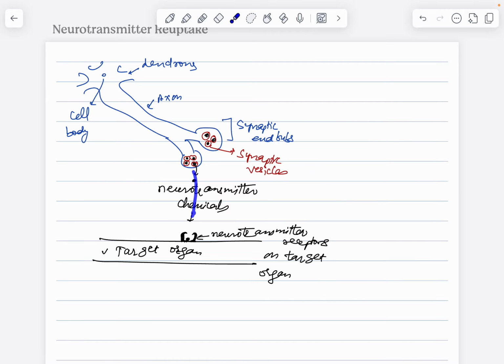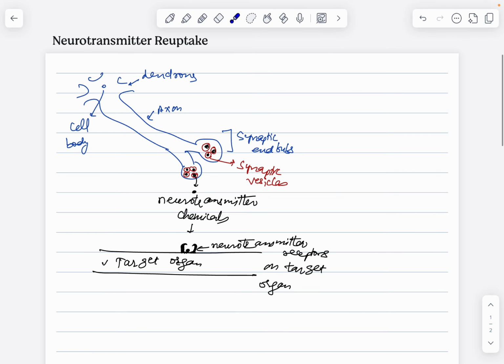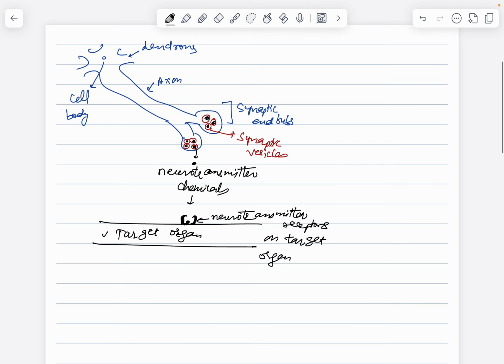So if a neurotransmitter, for example, is triggering contraction of the muscle, which is the target organ in this example we are discussing, the neurotransmitter has to be removed from here to take the muscle into relaxation. Okay, and that is where this concept of reuptake comes into picture.